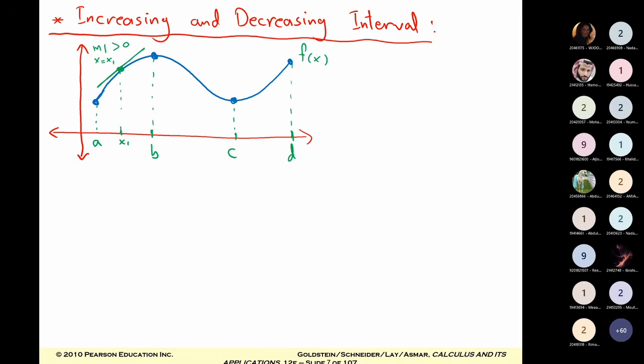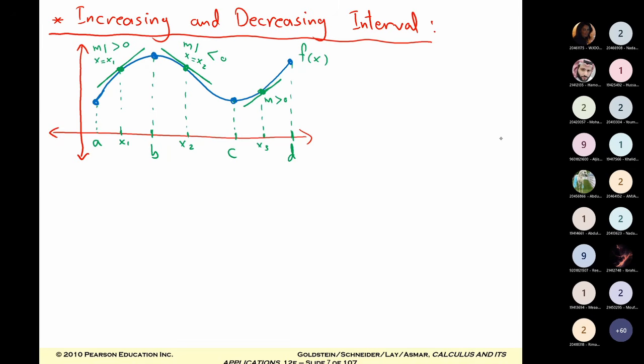Look at the other side, for example at x equal x2, we have a tangent line like this, and the slope of the tangent line at x equal x2 is less than 0, negative, because the function is decreasing. And also look at this, the tangent line at x equal x3. We have a positive slope.